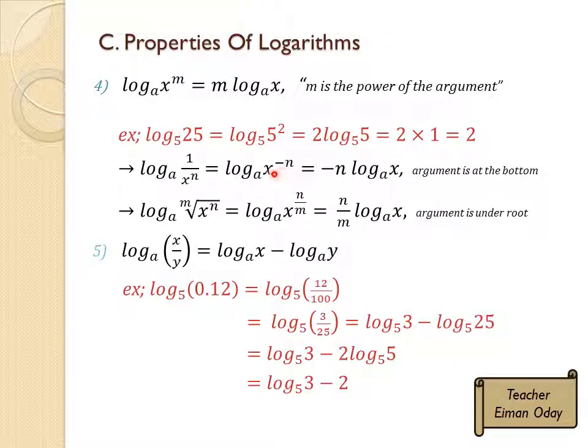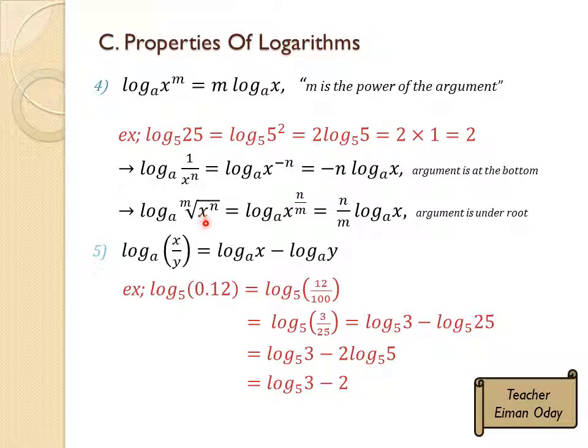So it's going to be x power negative n. And directly I can just put negative n beside the logarithm. And then it's going to be negative n multiplied by logarithm x to the base a. So this is the case of the argument written at the bottom.